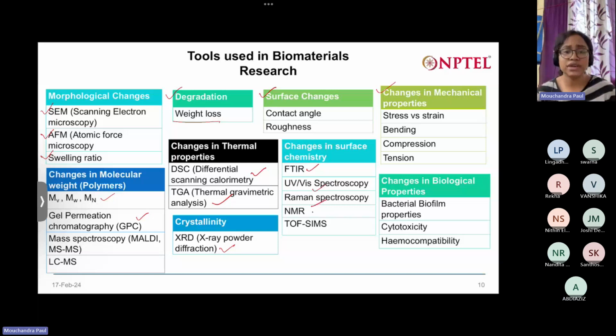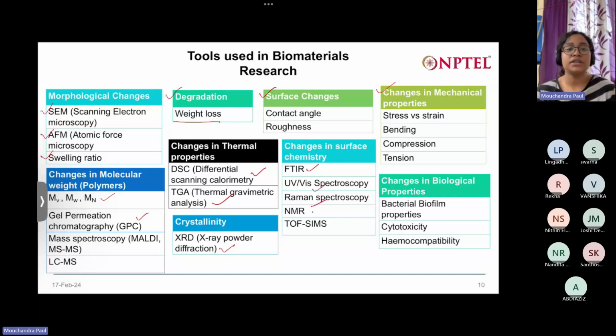Then in order to understand whether our material is biocompatible or not, we have to understand whether it promotes bacterial biofilm formation or not, and if yes, what is the characteristic of this biofilm, then how cytotoxic it is, meaning whether it promotes cell death, and if yes, then how much is that percentage.